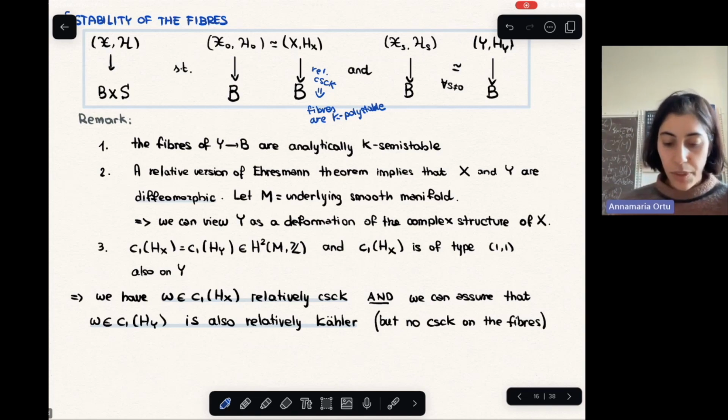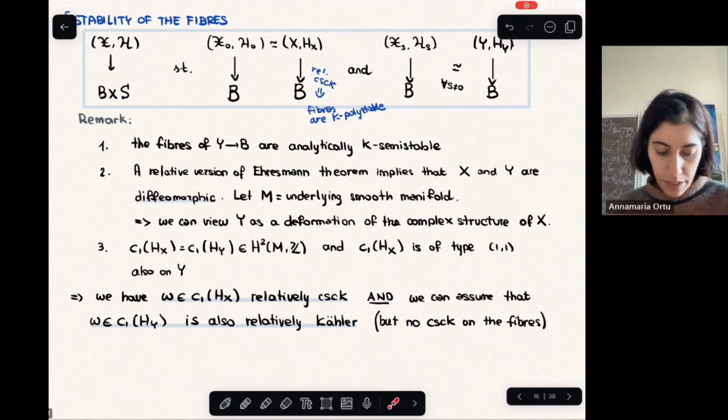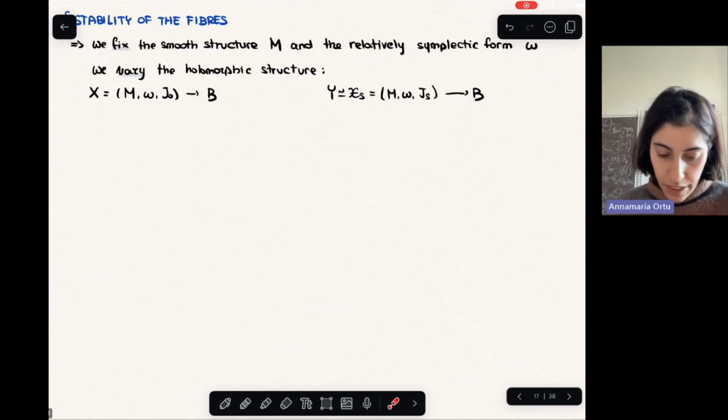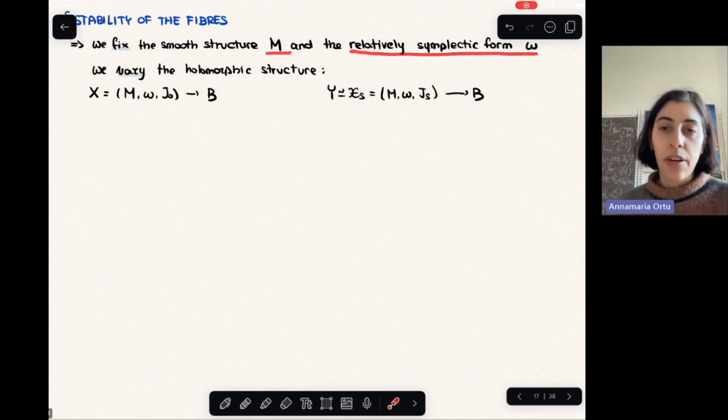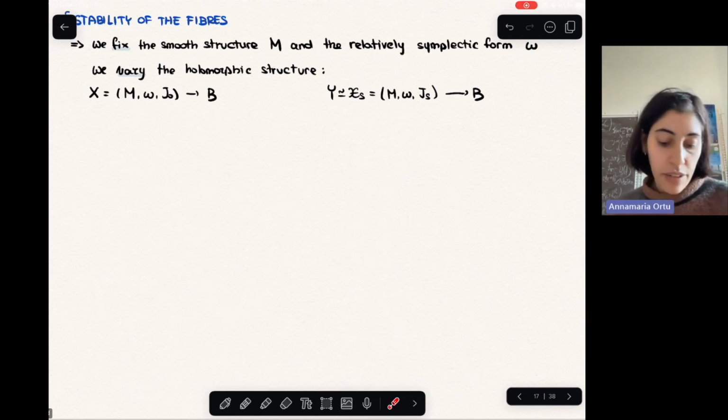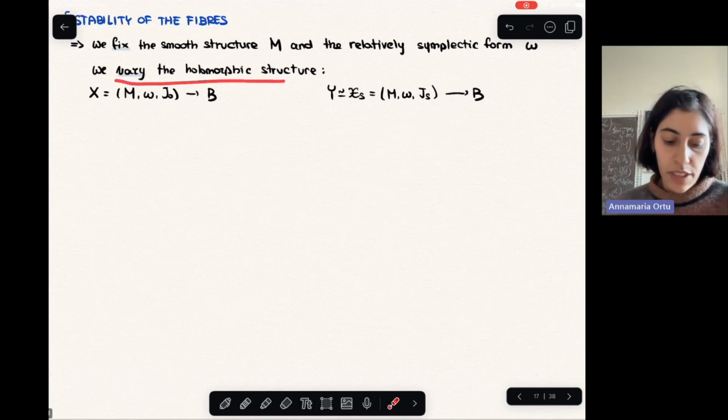So the upshot of this is that we can fix omega and consider only the deformation of the complex structure of X to the one of Y, which is precisely this. So we fix the smooth structure, we fix the relatively symplectic form, or relatively Kähler form, and we vary the holomorphic structure.